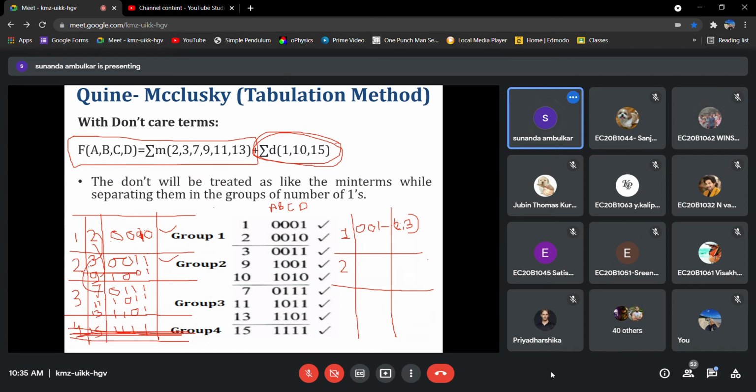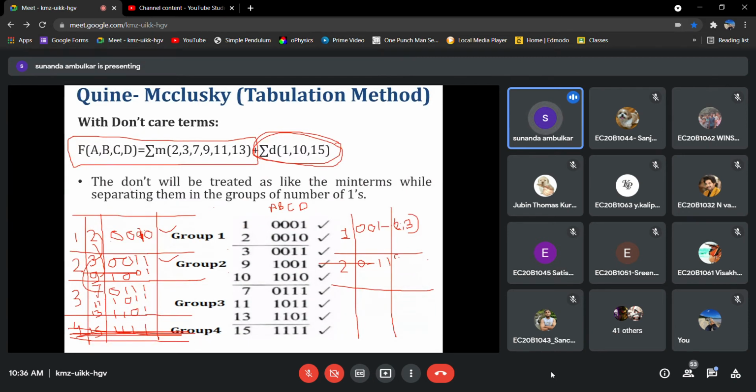So 3 will be checked with 7. What will be the combination? Tell me. Is it possible, 3 and 7? 0, 1, 1. Yes, it is possible: 0 dash 1, 1.